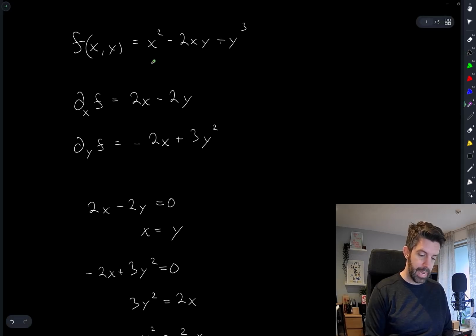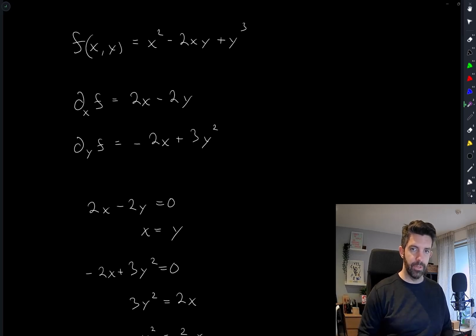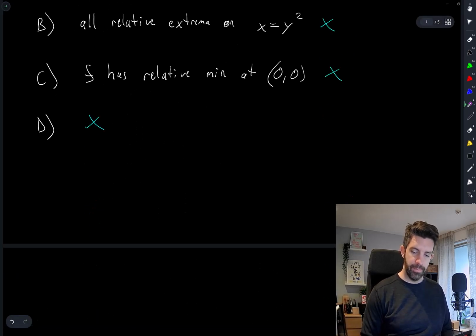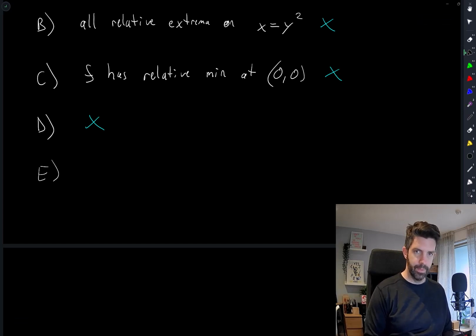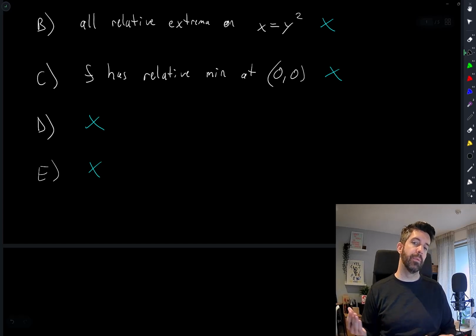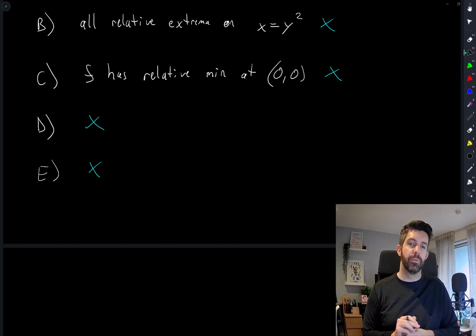Again, if I just set x equal to 0, so these two terms disappear, I can make this last term as large or as large and negative as I want. And the same thing is true for the last statement, that f has an absolute minimum at 1, 1. That again is going to be wrong. The function is unbounded above and below. So there in fact is no absolute minimum or maximum.